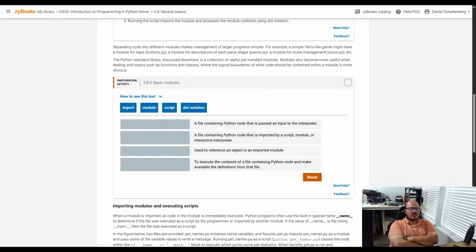Modules also become more useful when dealing with topics such as functions and classes, where the logical boundaries of what code should be contained within a module is more obvious.